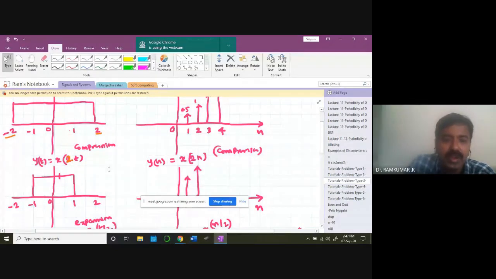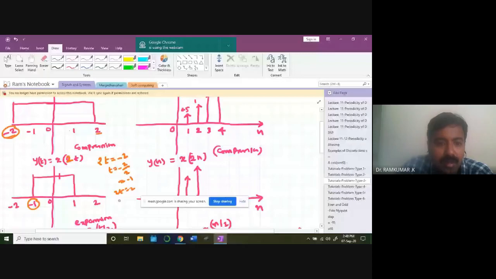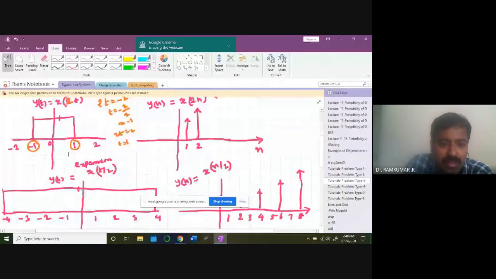Clearly you can visualize. For example, 2t equal to -2: if I want to know this value, t equal to -1, so that is this value. Then I got 0. When 2t equals 2, I got t equal to 1. I got this. So naturally, that's what happened. In the same manner we can visualize this also.